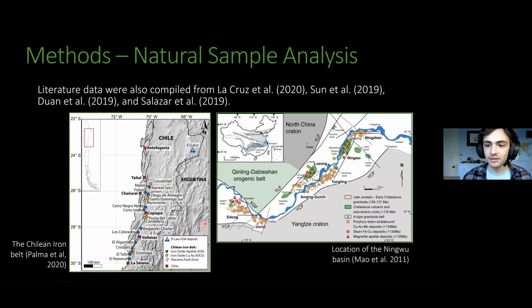It's worth noting that even within iron oxide apatites, the Chilean samples are unique in their age and tectonic condition, since they date from the Chilean iron belt, which was formed in the Cretaceous period. And we are trying to collect data from a variety of tectonic settings and ages, which is why both Chinese Cratonic samples and Cretaceous samples were included within our study.